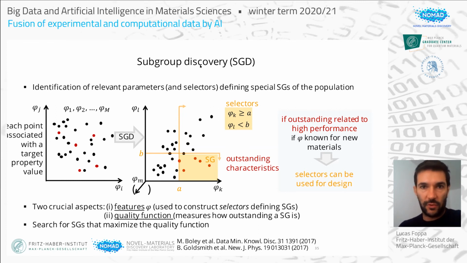Subgroup discovery has two crucial aspects, as you may have realized from this example. First, the features. We use a set of input features that are parameters related to each material and condition to construct these selectors that define the subgroups.